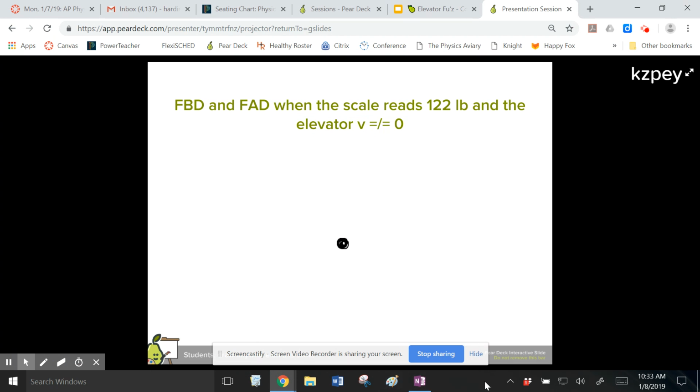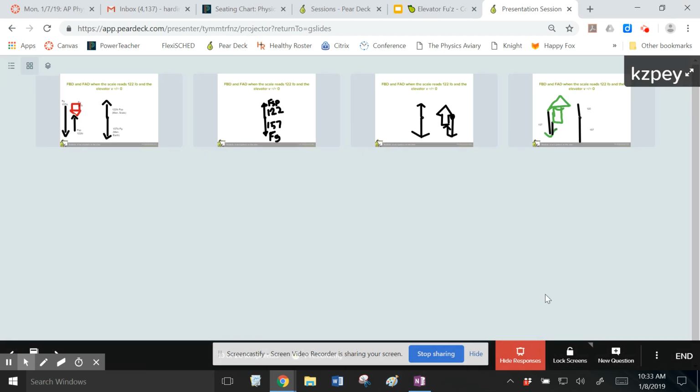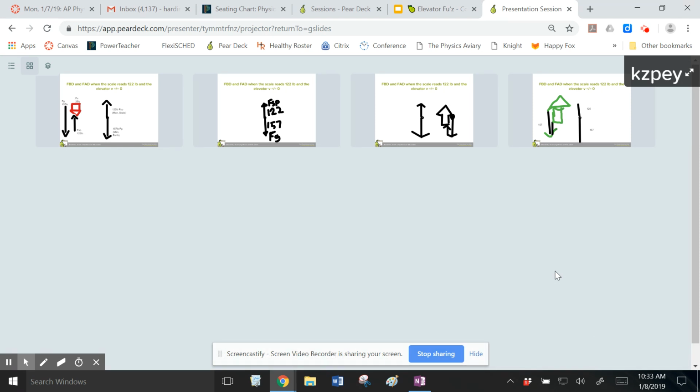All right, so if you look at the examples here, we've got some with the FU pointing up, some with the FU pointing down, okay? Think about what happens to the bowling ball, or what happens to the direction I have to hit it when I want to stop it.